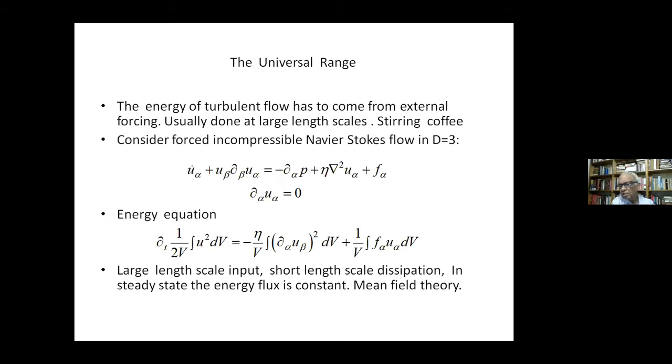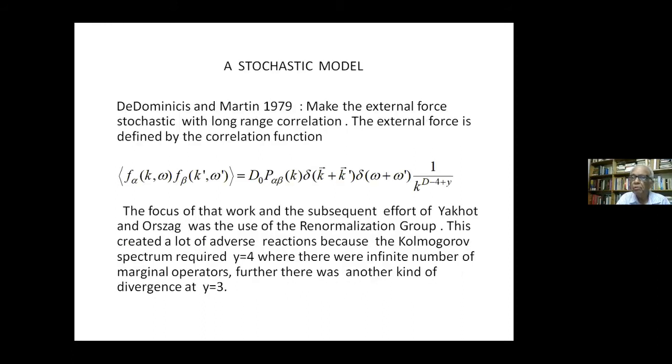The right-hand side has a dissipation and a forcing, and therefore you fix the scales: there is something going on at short wave vectors and something going on at large wave vectors, and obviously those places can't be universal. It has to depend on how you are injecting or withdrawing energy, but the universality has to be in the region away from the injecting and the dissipative range.